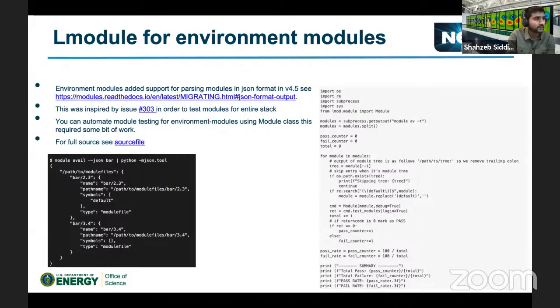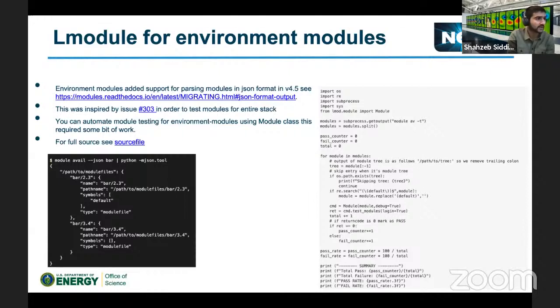So now, what if you have an environment module? How can you use this? Well, you can actually use Lmodule for this. First thing was that currently Lmodule or environment modules didn't have support for parsing modules until version 4.5.